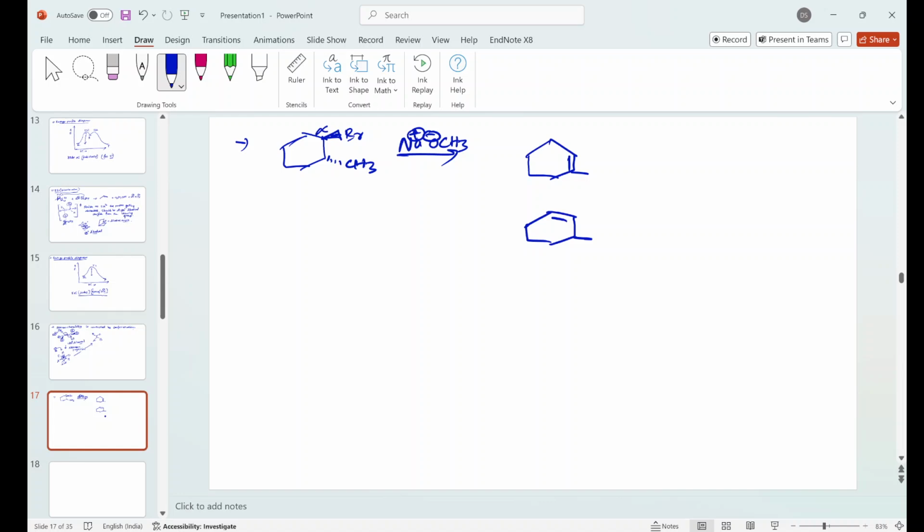This is your alpha, this is beta, this is also beta. If you abstract a proton from here, you will get the double bond this side. We have two on each side here. To understand which one will be the major product, we have to draw the 3D conformation.